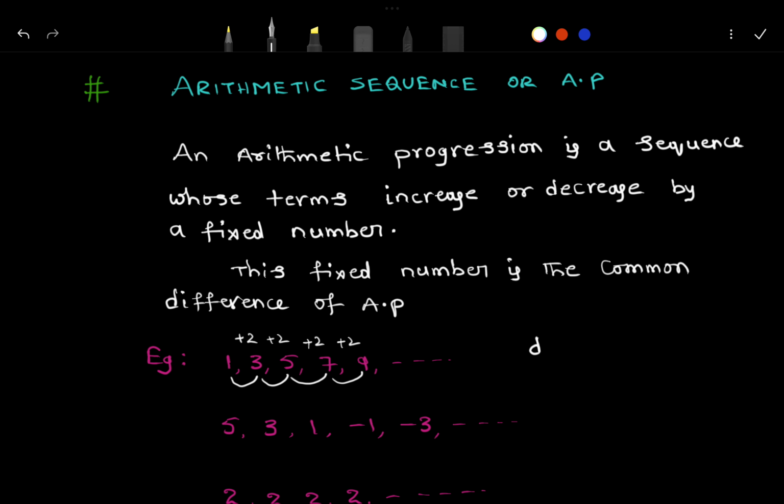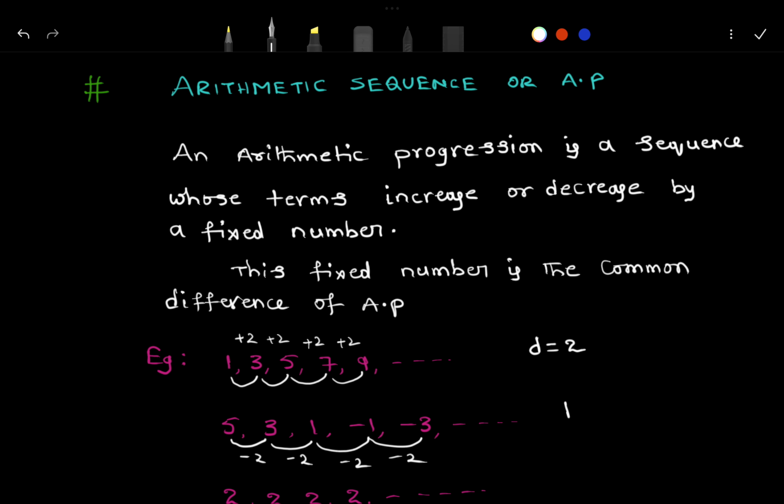So what is the difference of the sequence? The fixed number is the common difference of that AP, and the common difference is denoted with d. Now in this one, the difference is minus 2, and here also minus 2, and here also minus 2.